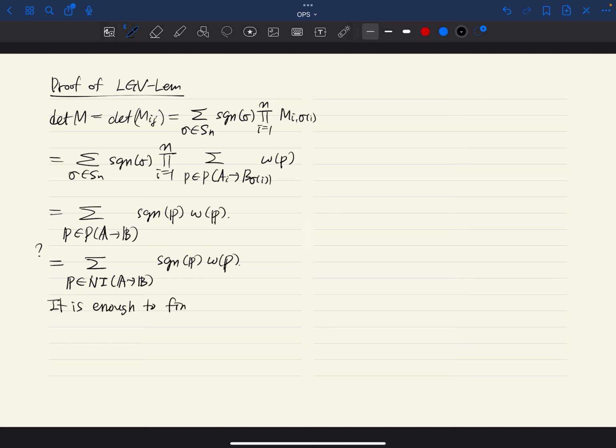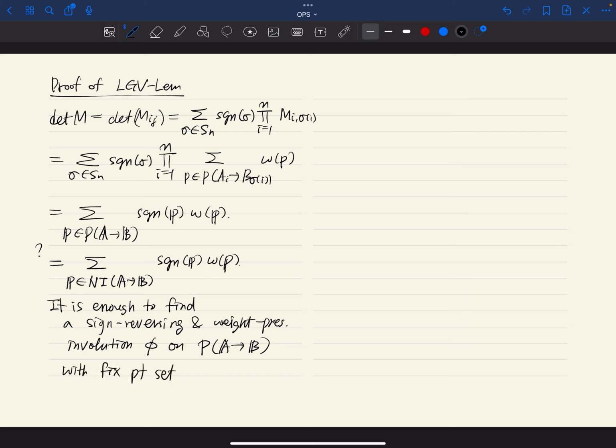it is enough to find a sign reversing and weight preserving involution phi on the set P with fixed point set exactly the non-intersecting ones.